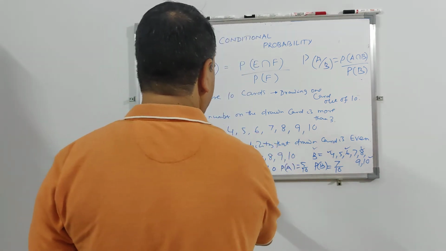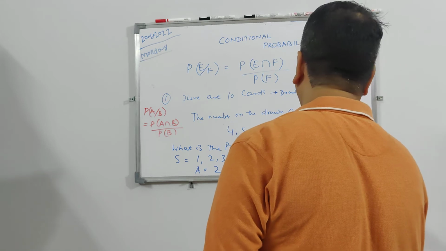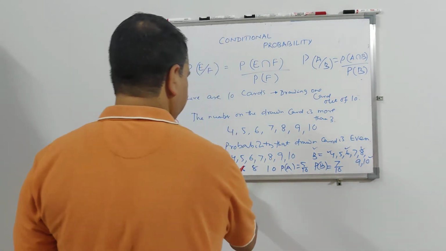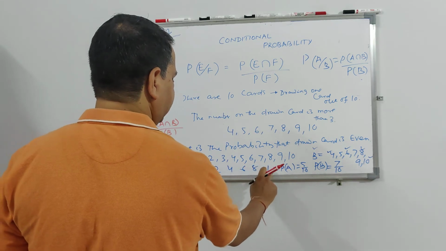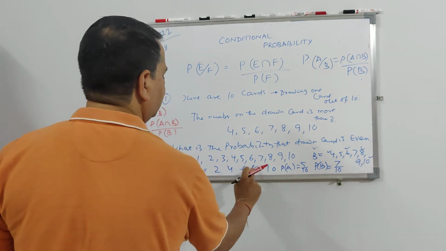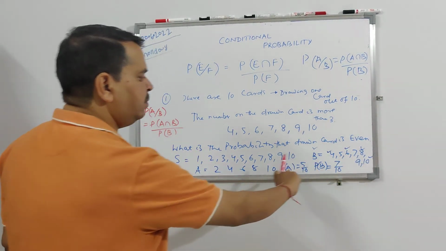You can see here 4, 6, 8, 9, 10, and here also 4, 6, 8, 10. Here 2, 4, 6, 8, 10. So what are the common things? There are 4 common things.